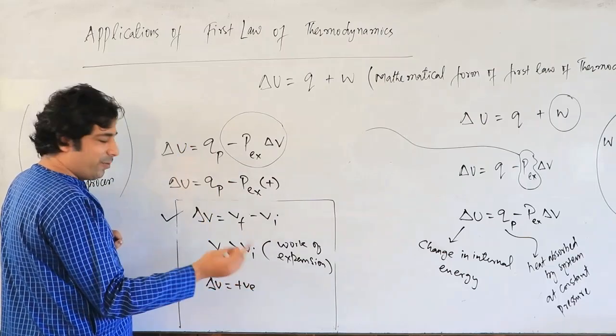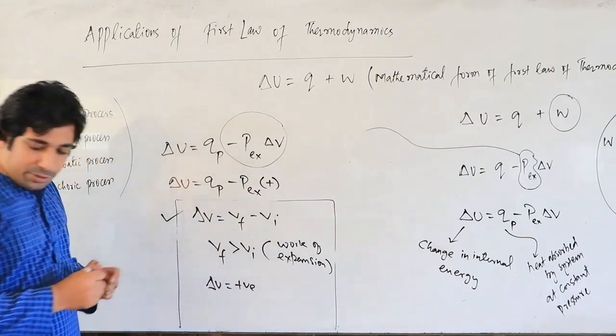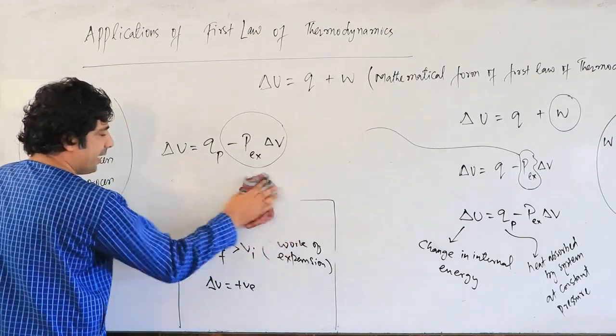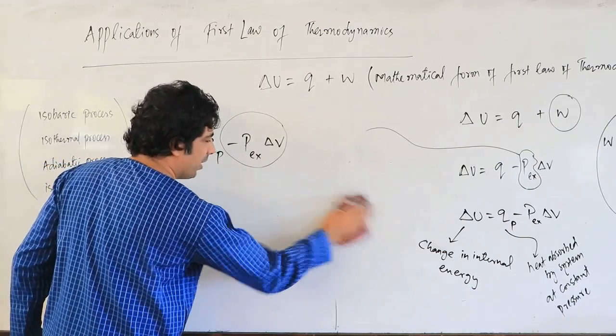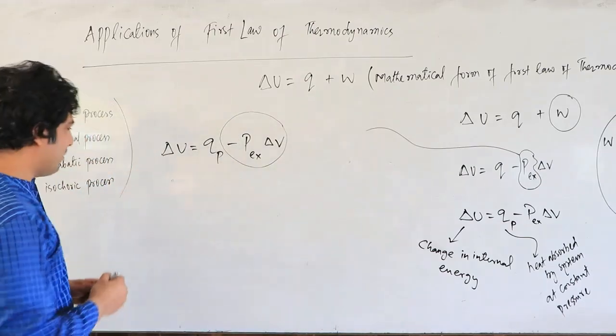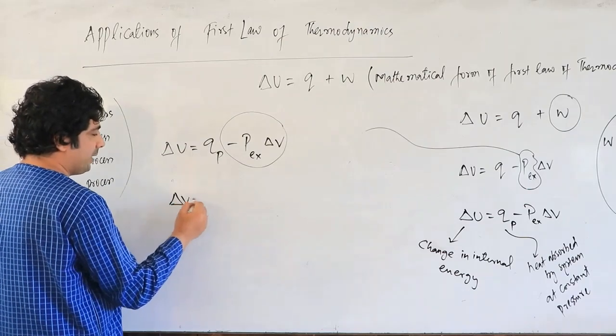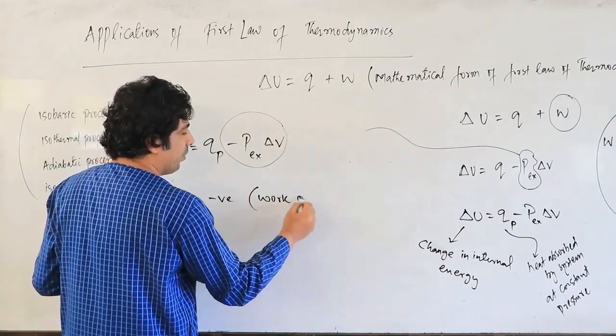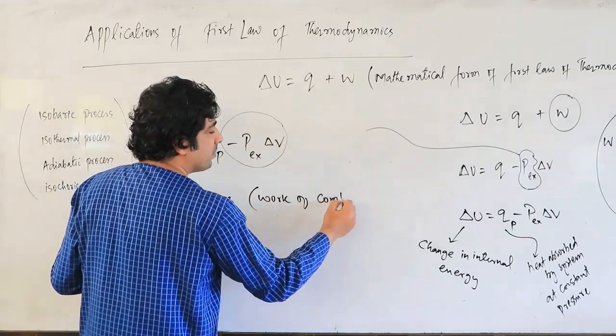Yes or no? So you have learned two things here. When delta V is negative, understand that work is done on the system. Delta V negative is nothing but work of compression.